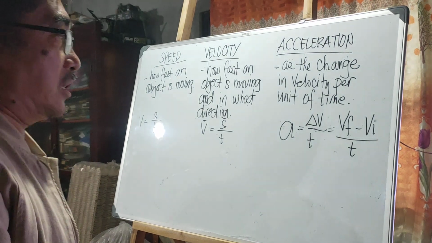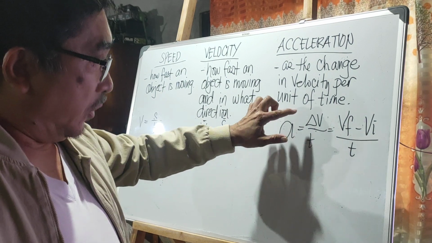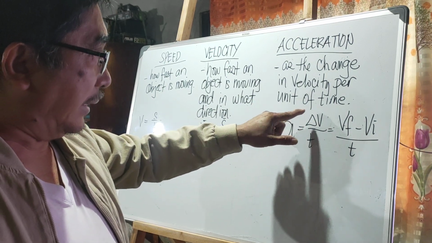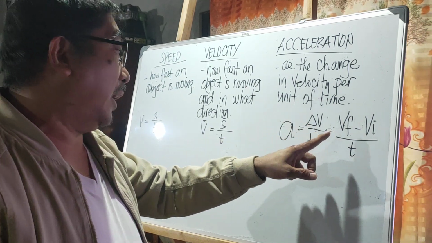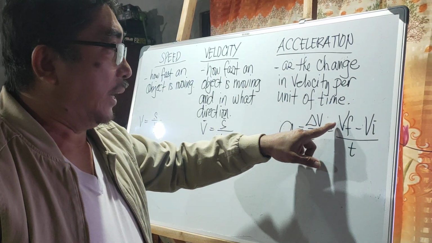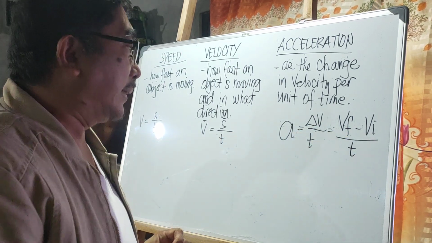Now, acceleration has a formula of change in velocity over time, or yung change, by the way, yung triangle na yan, ang symbol ng change. Now, change in velocity may be equals to the final velocity minus the initial velocity over time.